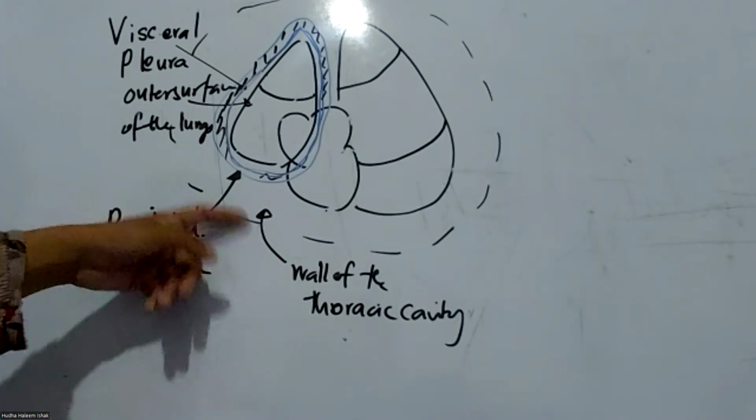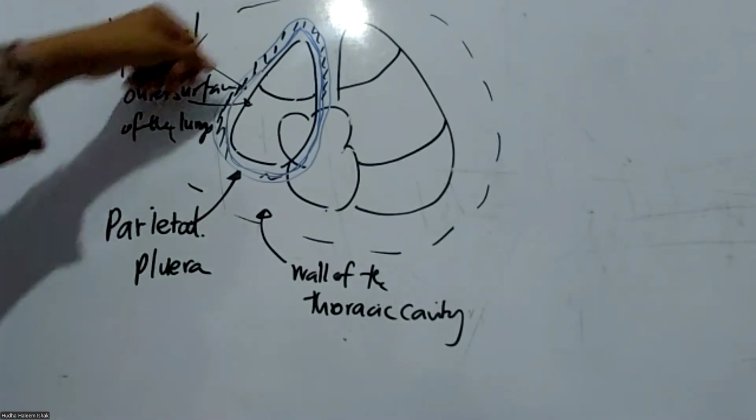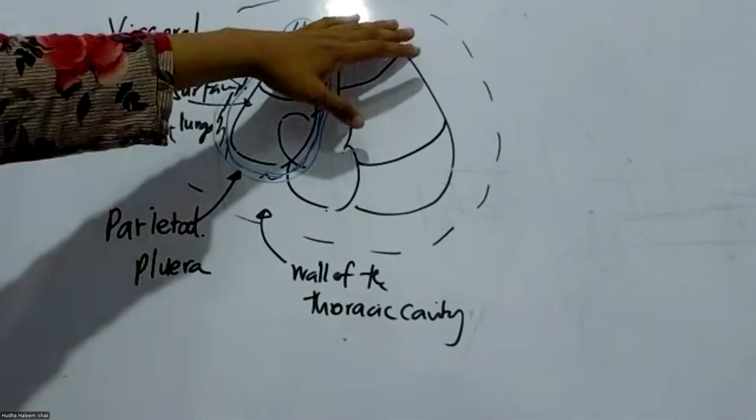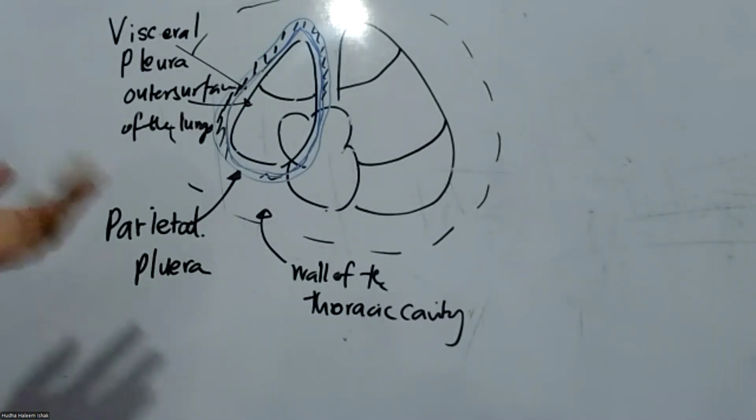Okay, and then the outer membrane. Who is the outer membrane? The parietal pleura. Outside the parietal pleura, what do we have? We have the thoracic cavity. Like the skeletal system, you will be learning in unit 5, grade 13, last part.